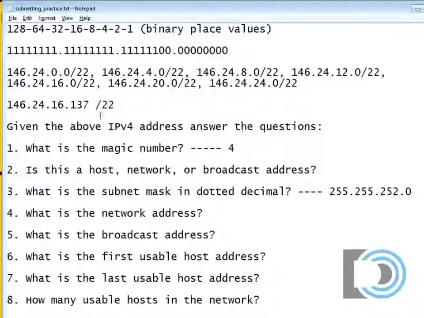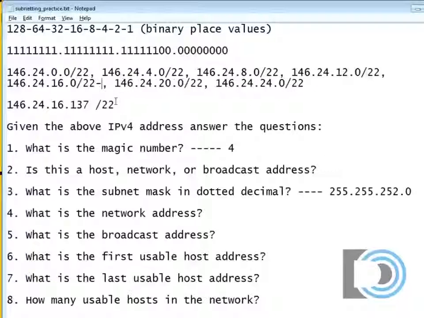Now, we need to get all the way up here to 146.24.what? 16, okay? So we can see here, this is the network right there. 16.137, right, is in the network, because 16.137 tells us where the network is. The network 16.0, that's the network address.